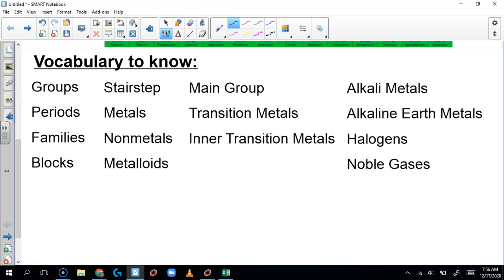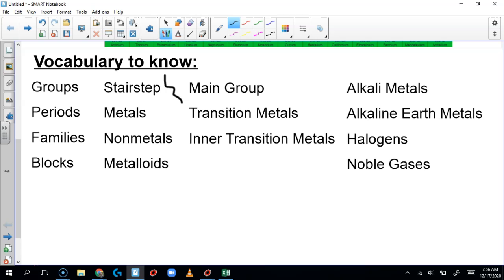There's the stair step that splits the periodic table. If you're to the left of the stair step, those are metals. If you're to the right of the stair step, those are nonmetals. If you're on the stair step or touching the stair step, those are metalloids. Did I say to the right is nonmetals? I hope so.